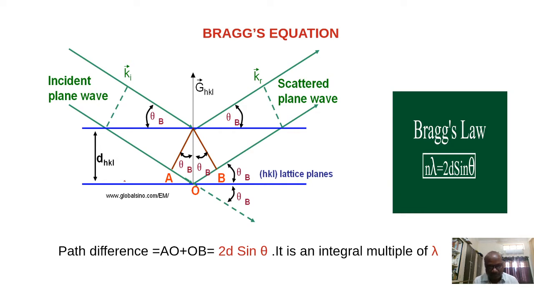Instead, if they cause constructive interference, it gives bright bands. Constructive interference results when these X-rays are in phase. So if they are out of phase, it results in destructive interference. If they are in phase, they cause constructive interference. In constructive interference, we see the formation of bright bands that can be recorded on the photographic plate.